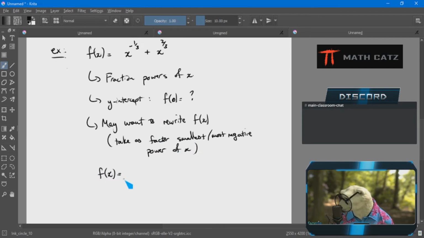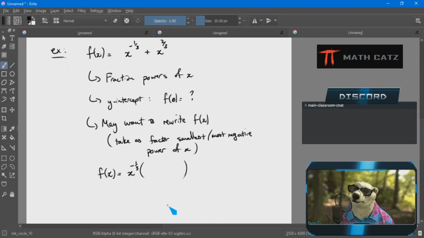It's okay if you are not super comfortable with this, but that's not a reason to not do it. That's a reason to practice it more, because it's going to be very handy. I'm going to take x to the negative 1/3 out. It's not an obvious common factor. I'm going to make it a common factor.